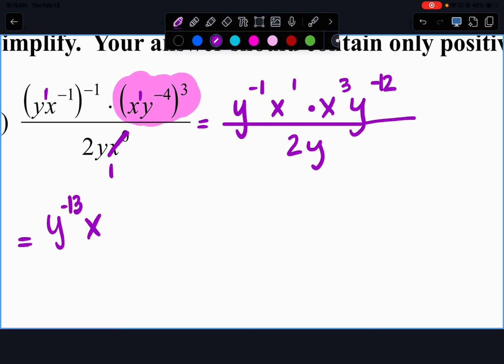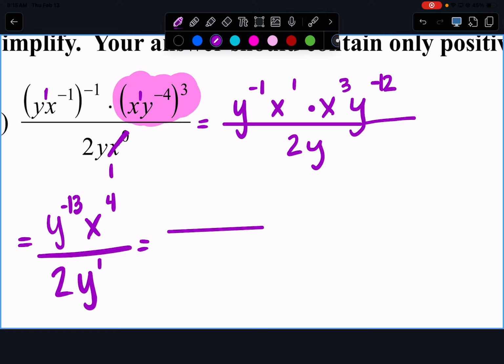For x, what's the exponent going to be on x? 4. And it's all over y. What's the understood exponent on that y? 1. And so now, when I divide, what do I do with exponents? Subtract.